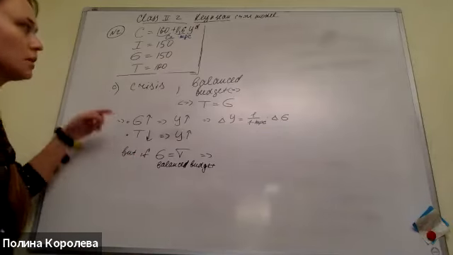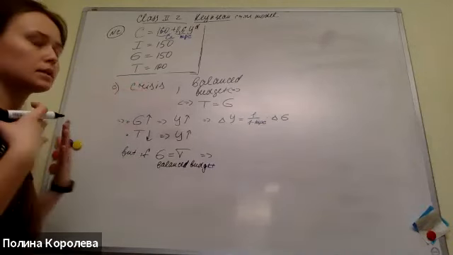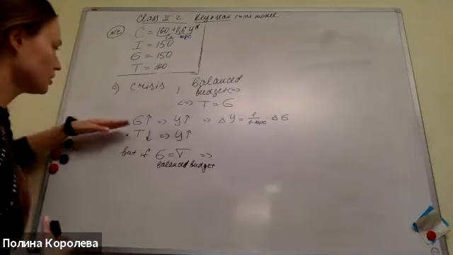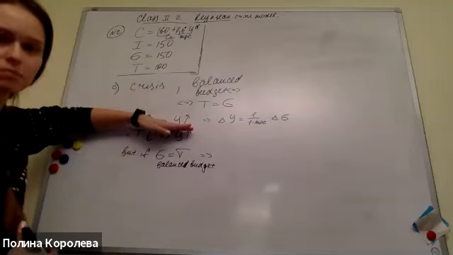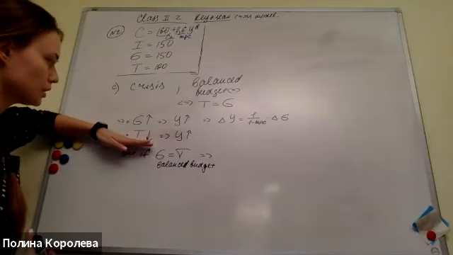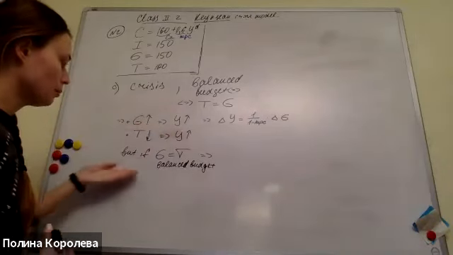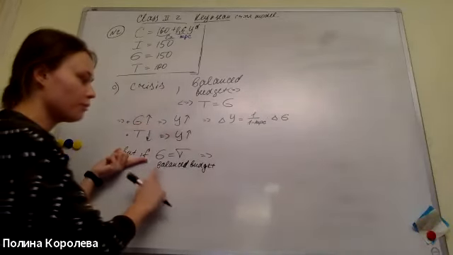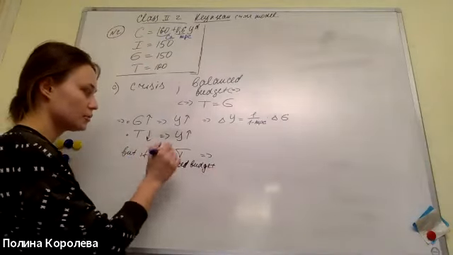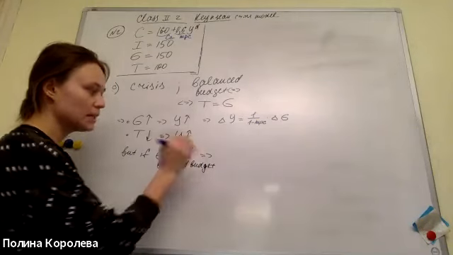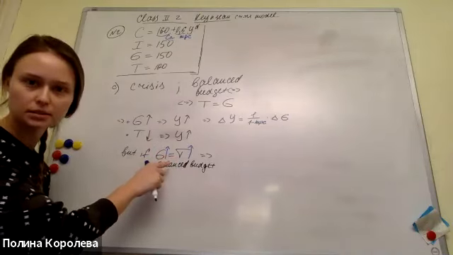You see that to stimulate the economy to come out of crisis, we need to make stimulating fiscal policy. We need to increase government spendings to increase GDP, or we should decrease taxes to increase GDP. Agree? But if we have a balanced budget, what will we do? If we increase government spendings, we should also increase taxes just to make the budget balanced.